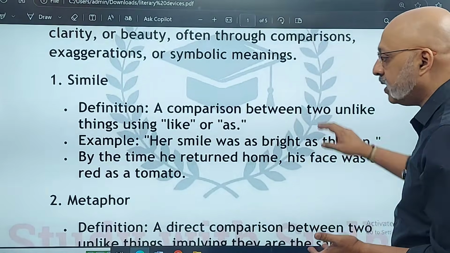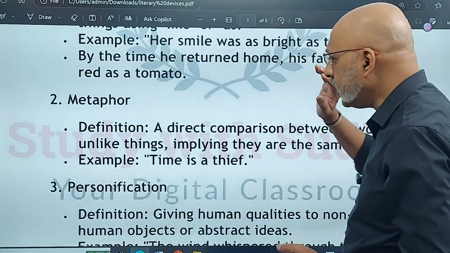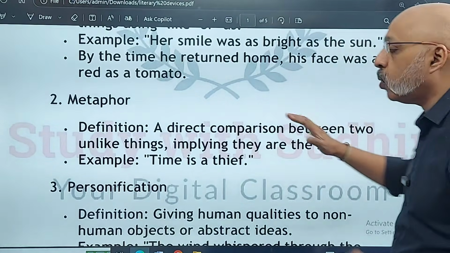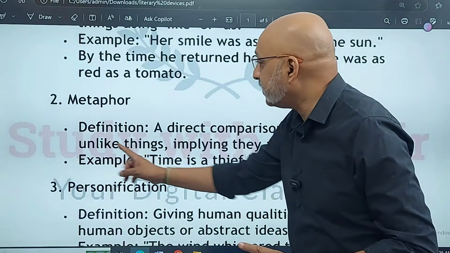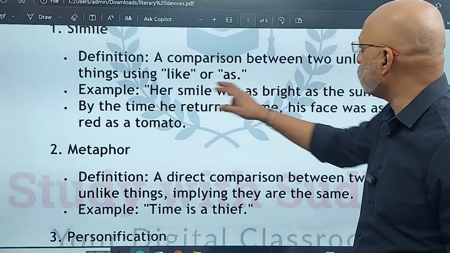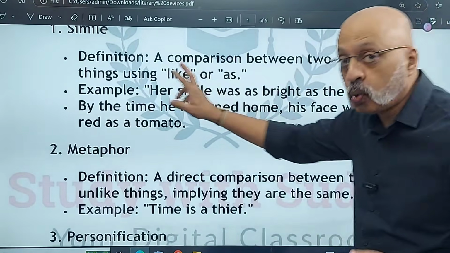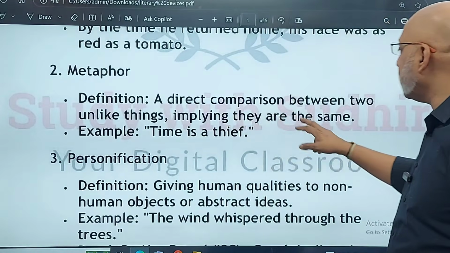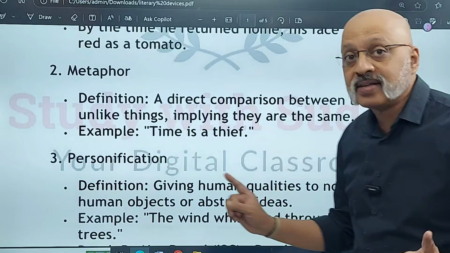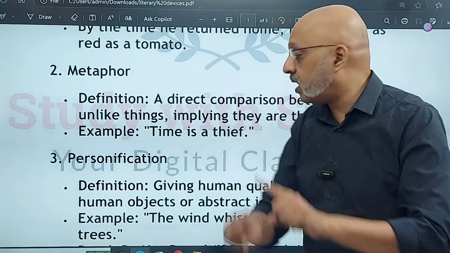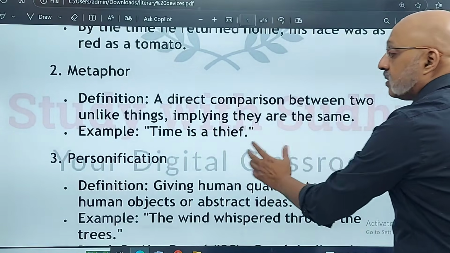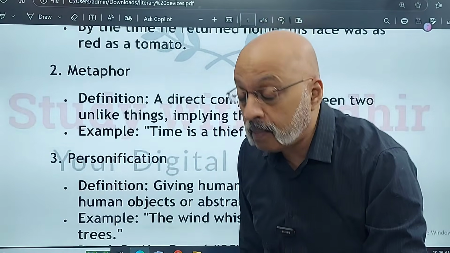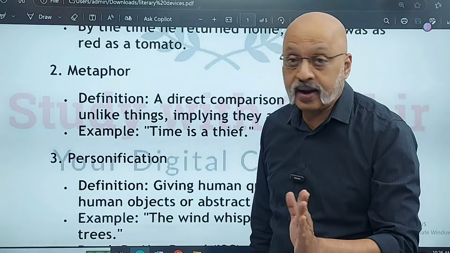The second one is a metaphor. The definition is that it is a direct comparison between two unlike things. It is a direct comparison. Now here also you see it is a comparison between two unlike things. The difference is that here, implying they are the same. So it's a direct comparison and it would make it seem like they are the same. Time is a thief. Now this you see is a bit of an abstract kind of an idea.